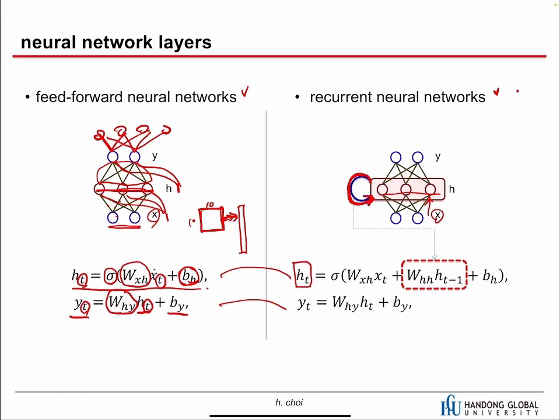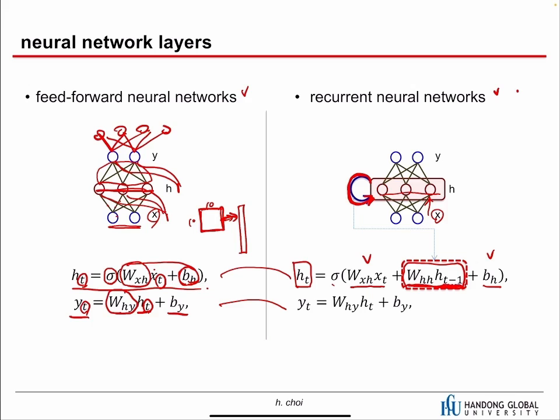So h sub t is a result of this function, and this function has this term and this term and this term. These two terms are exactly the same as these two terms in the feed-forward neural networks, and only this term is a new term in the recurrent neural network. And in this term, we have t minus 1.